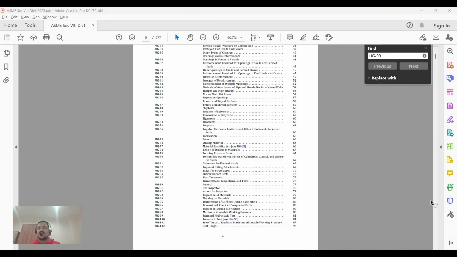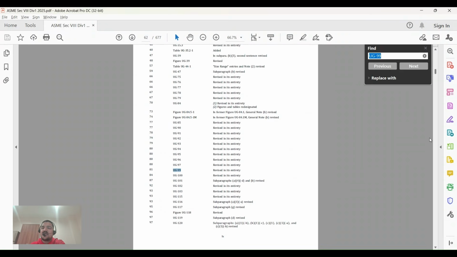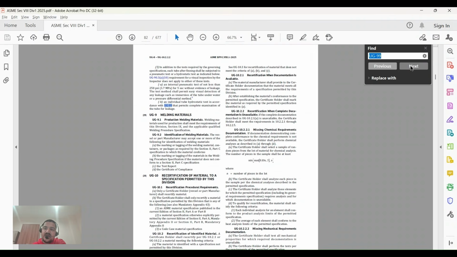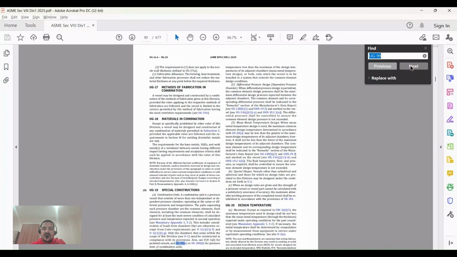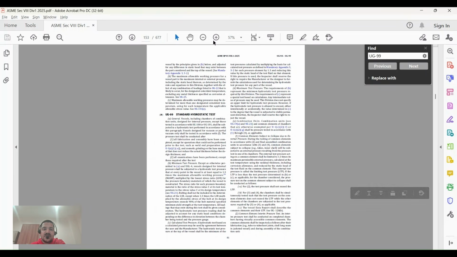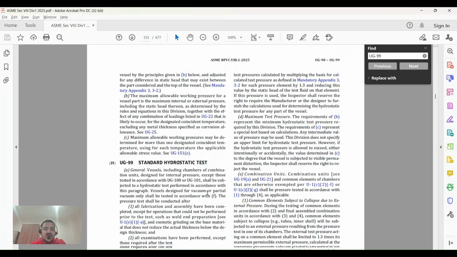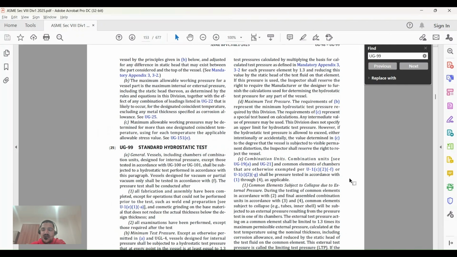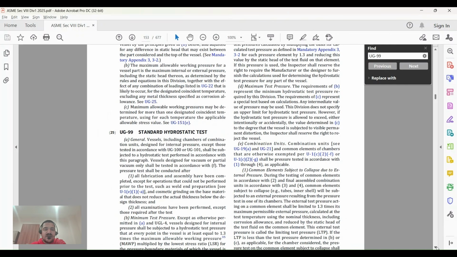This test we are going to conduct when our vessel is completed with all the required entities, all required testings, and the related applicable heat treatments. So let's just jump to UG 99 directly. We'll start with the very first and common points.